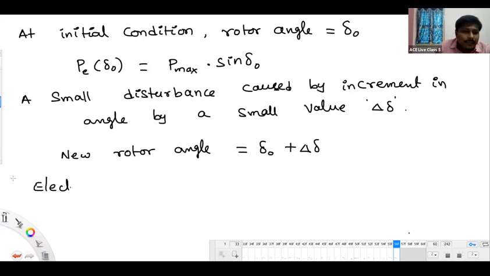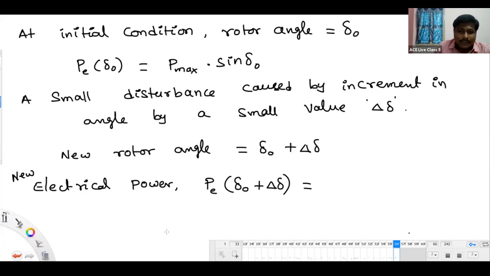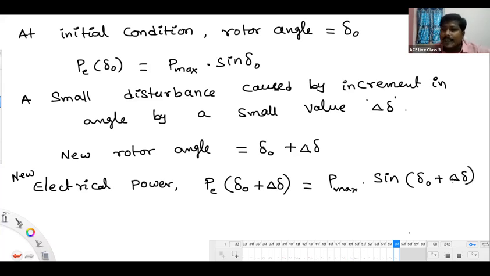P E of delta naught plus delta delta is equal to P maximum sine of delta naught plus delta delta. Simple. It's like the sine A plus B expansion. Please expand it: sine A cos B plus cos A sine B.